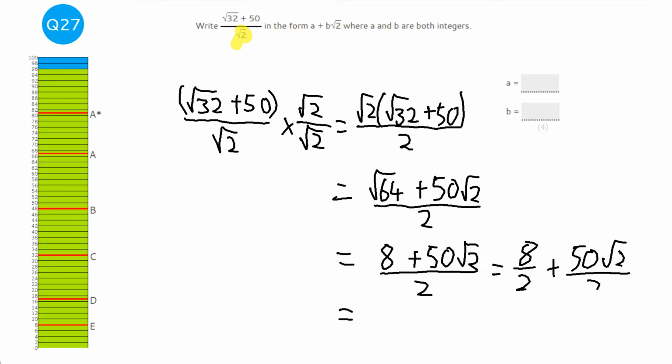So you can break that up into 2 different fractions. 8 divided by 2 is 4, and 50 root 2's, but then half it is going to be 25 root 2's. So it's asking for a and b. Now a is the number on its own, which is 4, and b is the 25, so it's the number before the square root of 2, which is going to be 25.